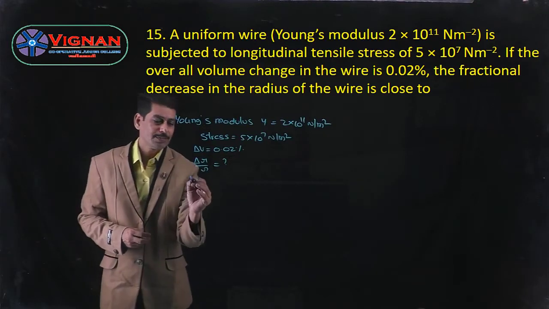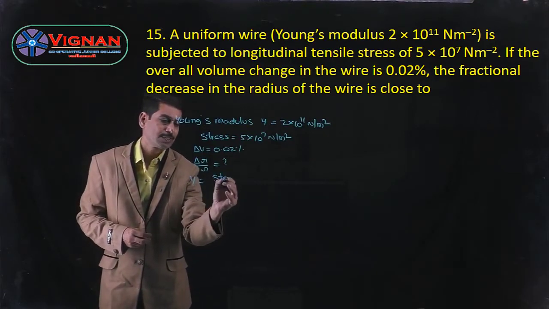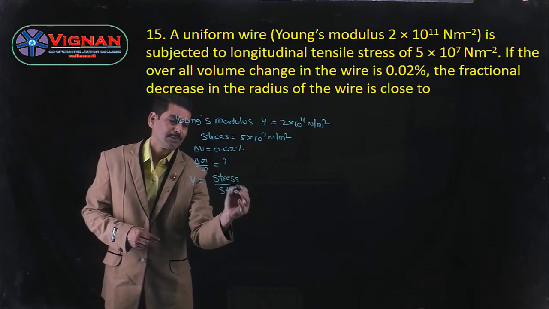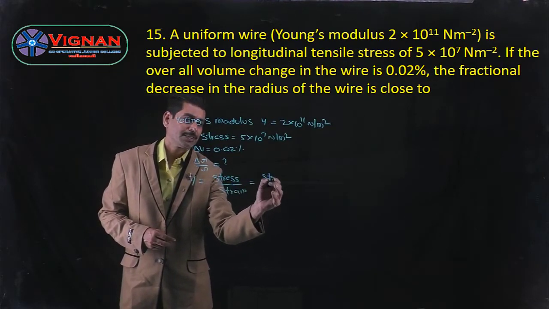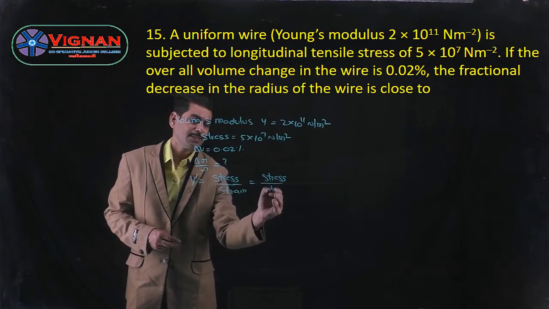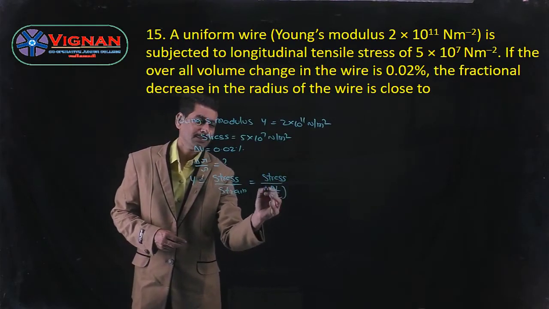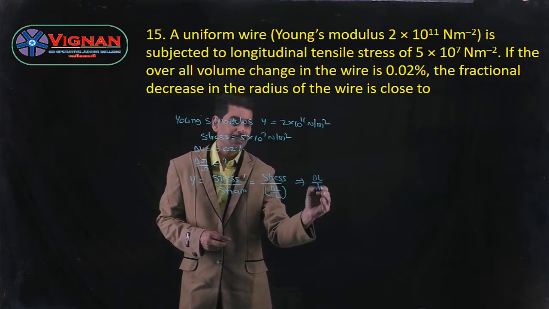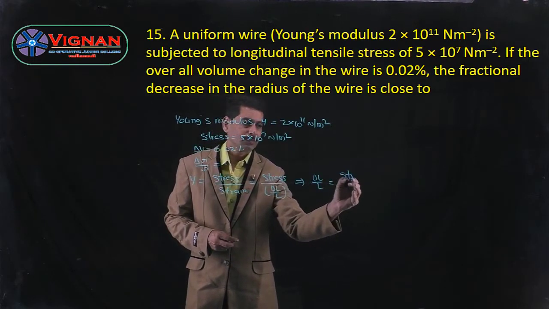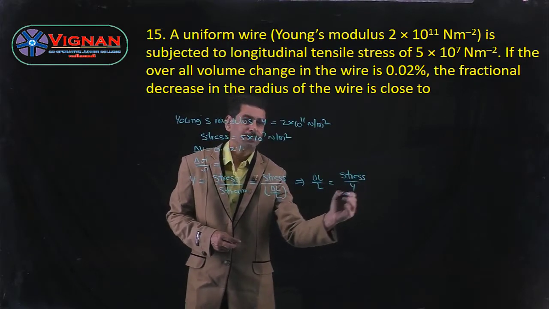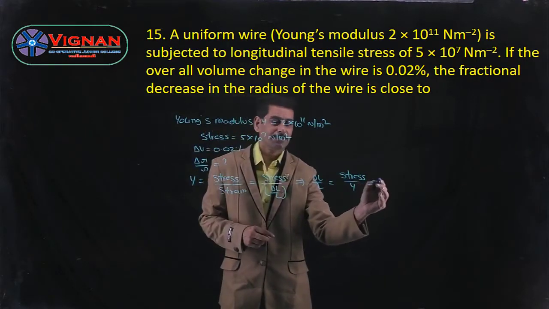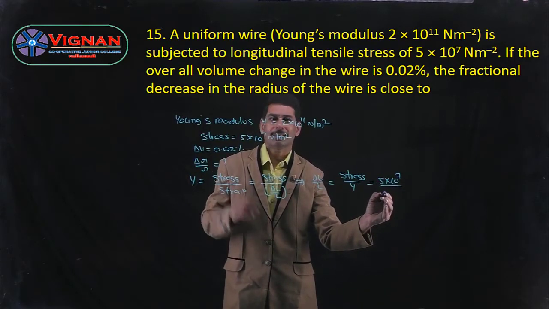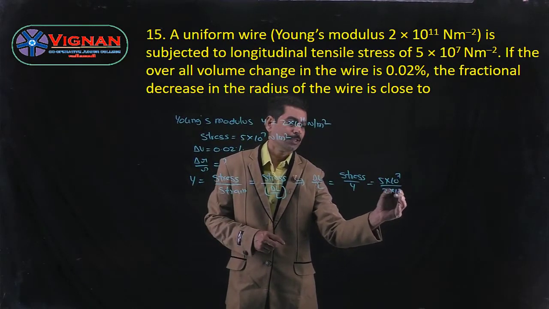So the Young's modulus is given by Y is equal to stress by strain. This is nothing but stress by strain, which is delta L by L. So from this we get delta L by L is equal to stress by Y. So here the stress is given as 5 into 10 power 7 divided by Y, which is 2 into 10 power 11.